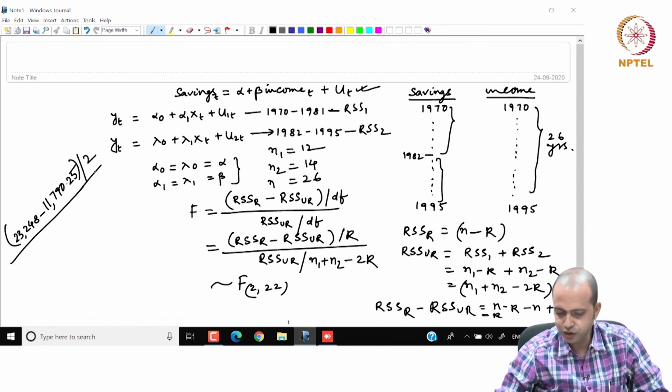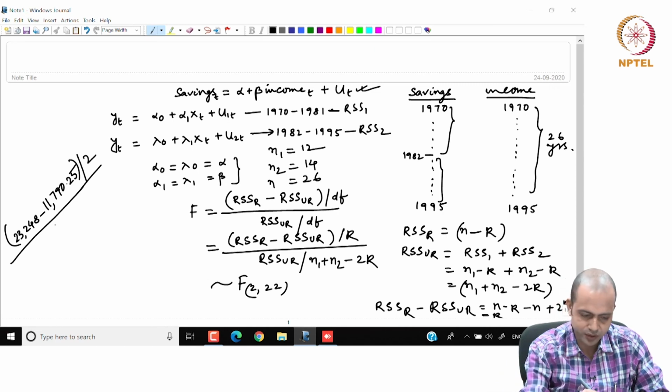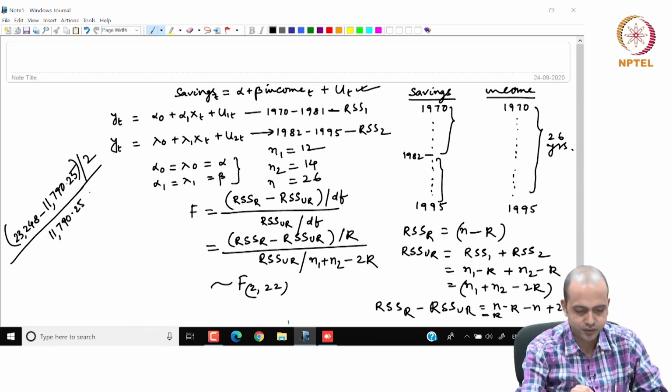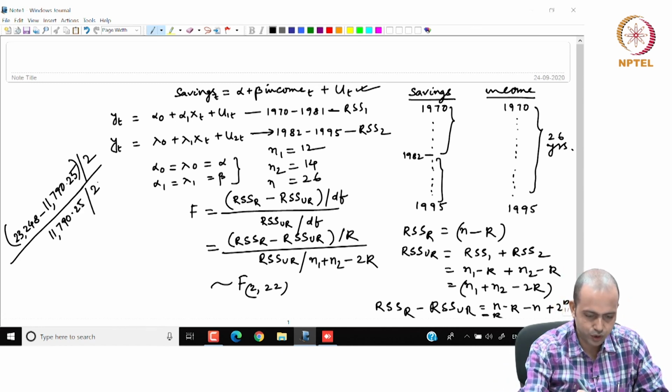And for the denominator, it is again RSSUR, which is 11,790.25, divided by 22.